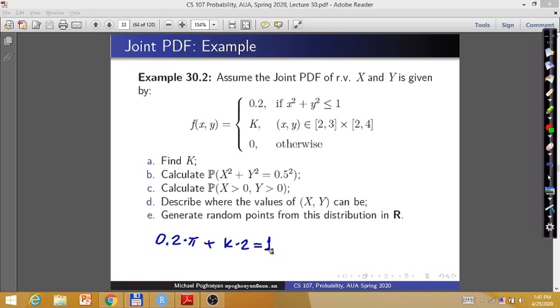So this is equal to 1, so k is equal to 1 minus 0.2 pi over 2. We have obtained this value in our lecture. So I will use this value of k.